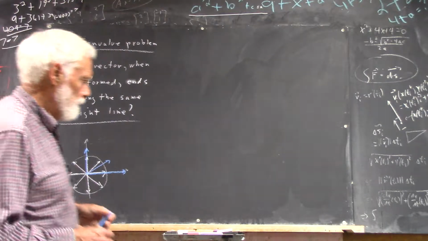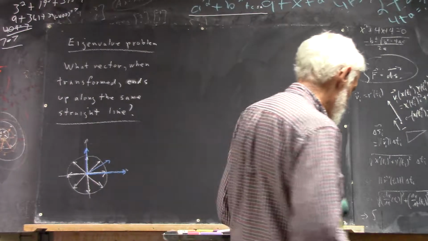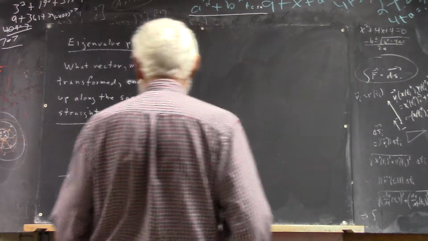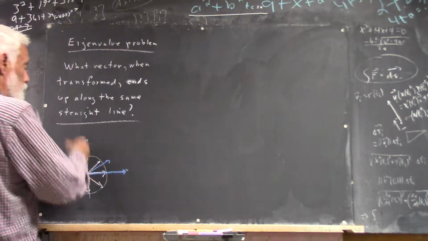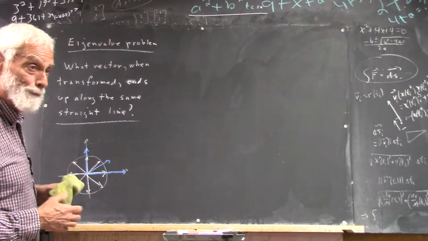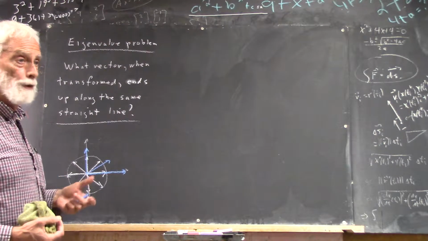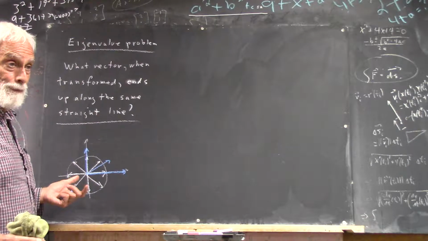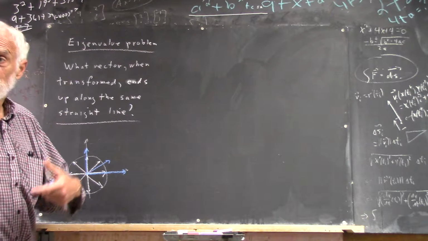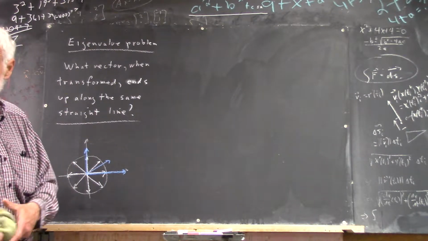I don't like the way I drew that picture. It's kind of big. Because obviously this vector and this vector end up in the same direction, right? And it turns out that no other vector will. In two dimensions, at most two vectors end up in the same direction they started.